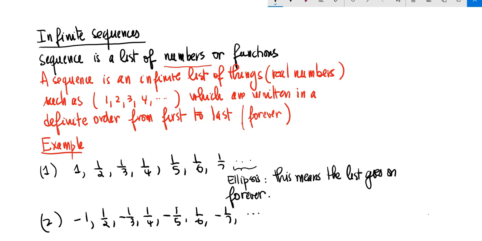And this is an example of an alternating sequence. We could have 1, 1, 1, 1, and so on. And this is an example of a constant sequence.